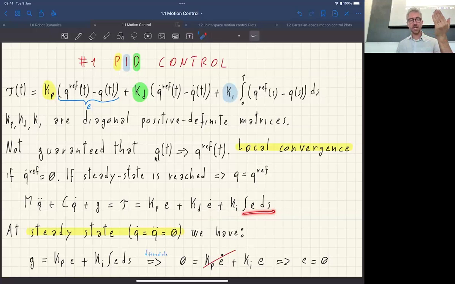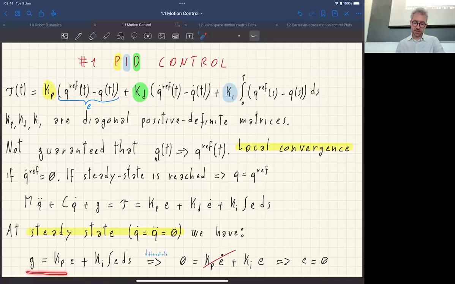Then if I assume that I have reached steady state, it means that q dot and q double dot are 0. So this term becomes 0, this term becomes 0, this term becomes 0. And the only terms that are left are g equal Kp times the error plus Ki times the integral of the error.